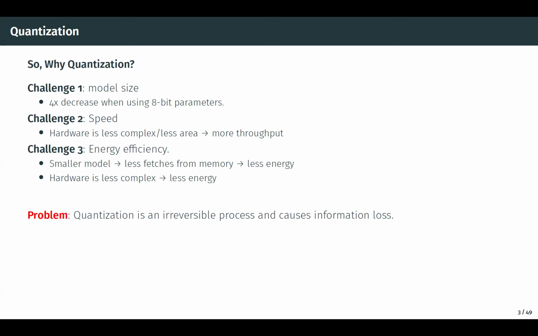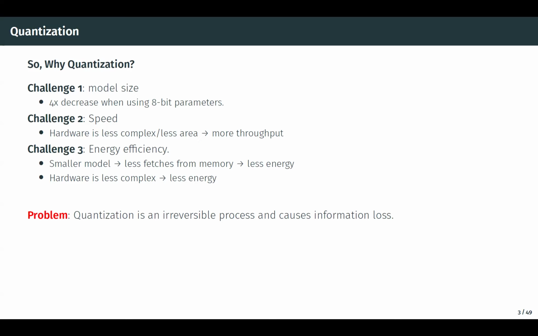So the challenges, as I repeat, start with the model size. By using quantization, we can reduce the parameters by 4 times if we are using 8 bits, since 32 divided by 8 is 4. We can actually go lower than this.